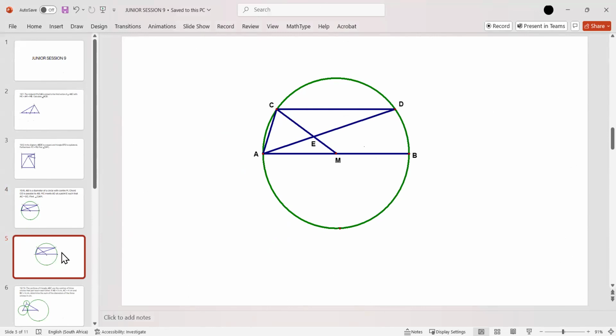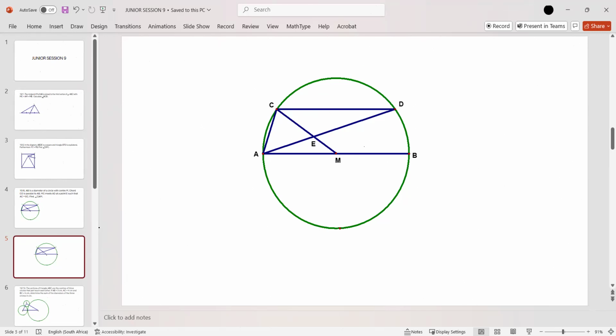I think I had an alternate way of solving the problem, but it's a little bit more complicated. I could have used the fact that AB is a diameter. Earlier on, we said that if you've got a diameter and a point on the circumference, there's a certain angle which is 90 degrees.